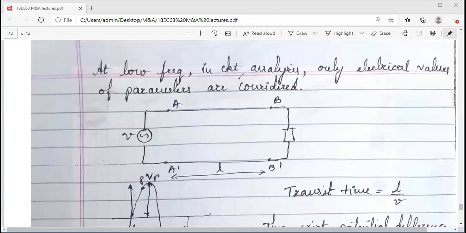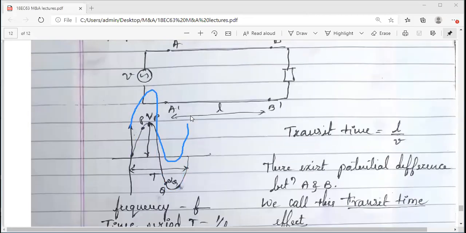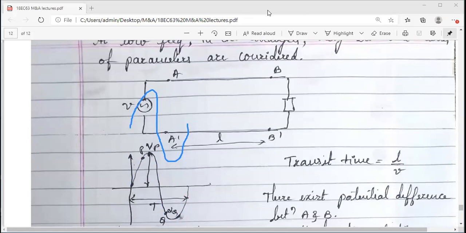Now if you observe the figure, I'm giving the AC supply. The voltage source is AC, sinusoidal. Let me just show you. This is your sinusoidal wave, and assume that when I apply the input, say somewhere at this point, when I am at A dash, that is the instantaneous value, somewhere the voltage is Vp.